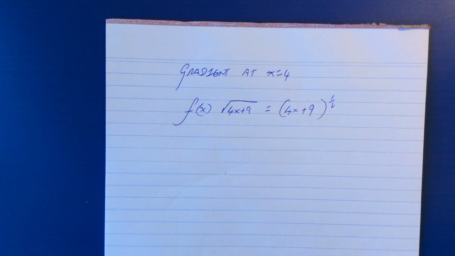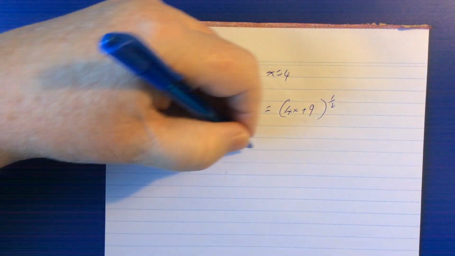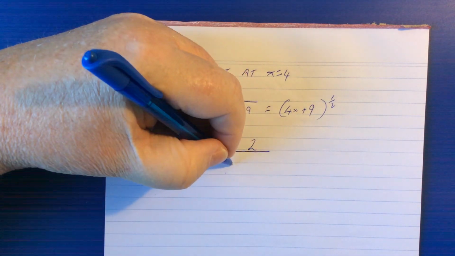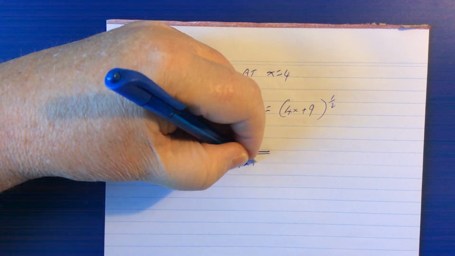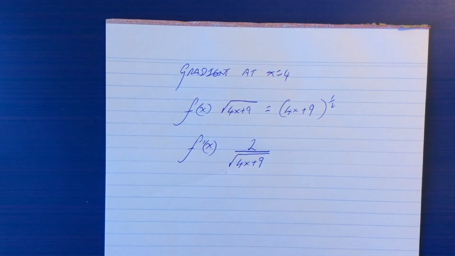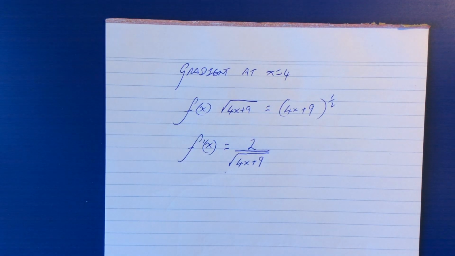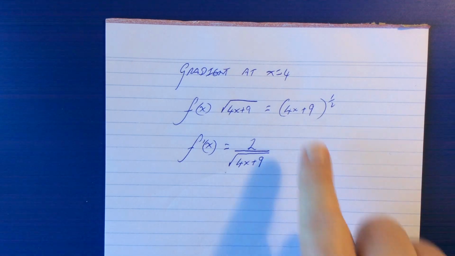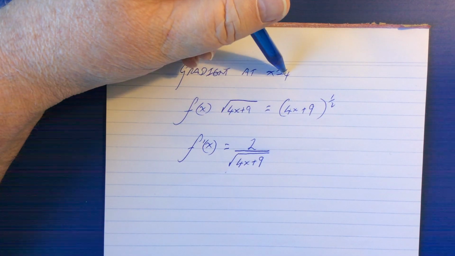And when you do that, the differential of this is as follows. There we are. That is the differential. Okay, so from there we can find the gradient at x equals 4. All we have to do is put in the number 4 and we'll get the gradient.